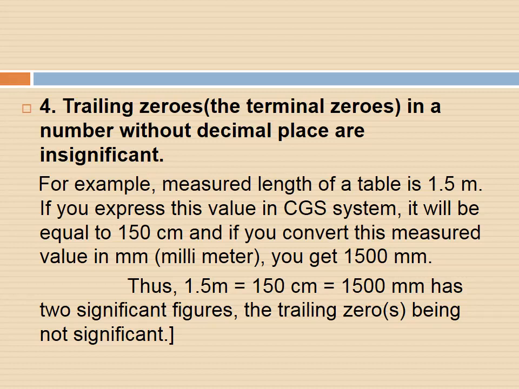Thus, 1.5 meter is equal to 150 centimeter is equal to 1500 millimeter. And it has two significant figures, whatever the system of units used to express this value. This rule shows the trailing zero or zeros are not significant.